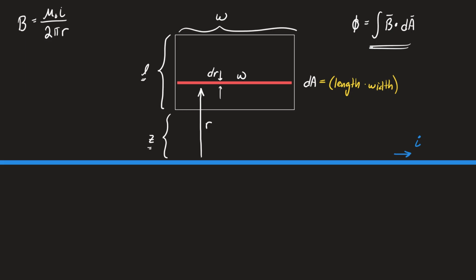For the width, I'm just going to use W because that's already an established variable. And for the length, I'm going to use dr. I think that will work for a calculation of my rectangle's area, dA. Any question about where I came up with any of those?